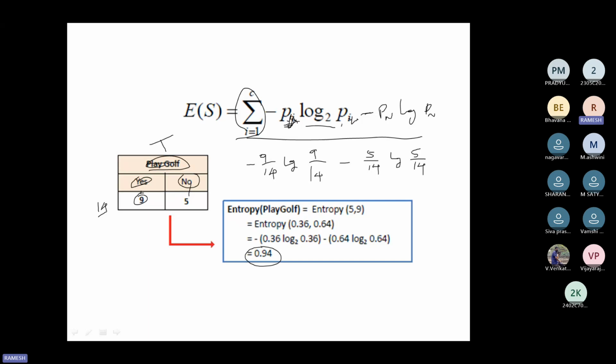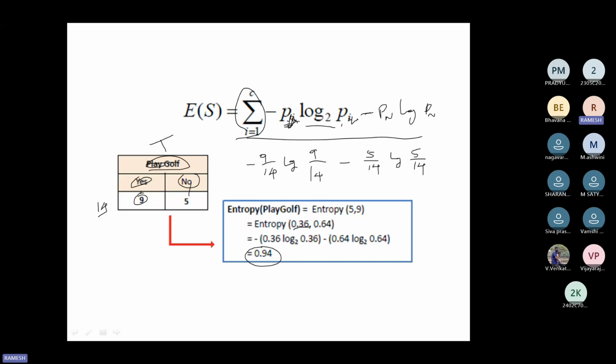The entropy equation is minus P log P, where P represents probability and i represents values. In the target variable, only two values are there, that is yes and no. If a column has three values, we should calculate the entropy for all the values.